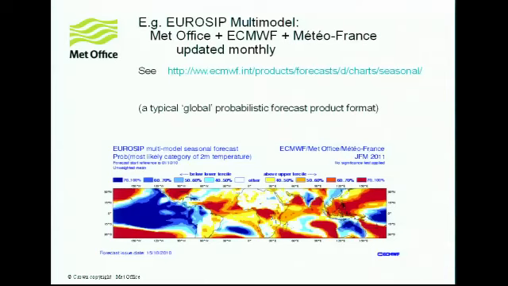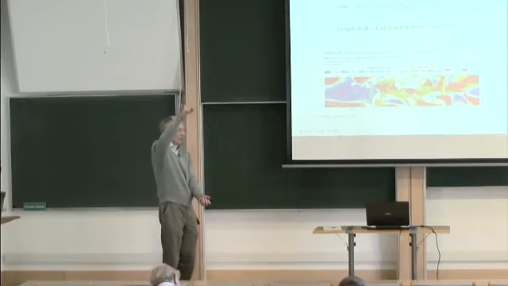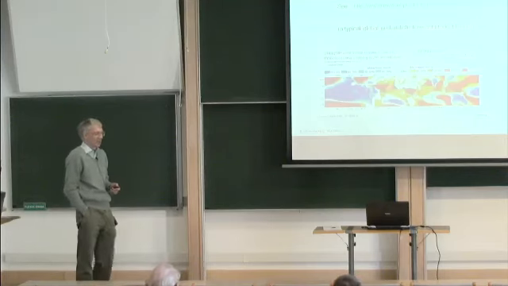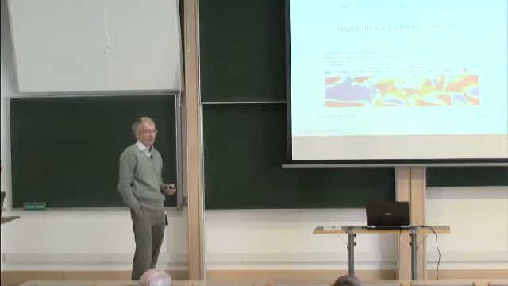So this is a map just for the 30 north to 30 south around the globe, and it's really indicating which is the most probable tercile, above normal, near normal, below normal, and how likely is it, given you know which one it is.